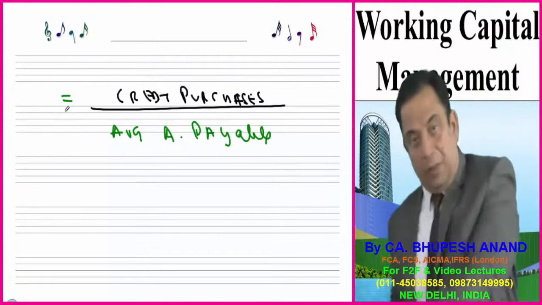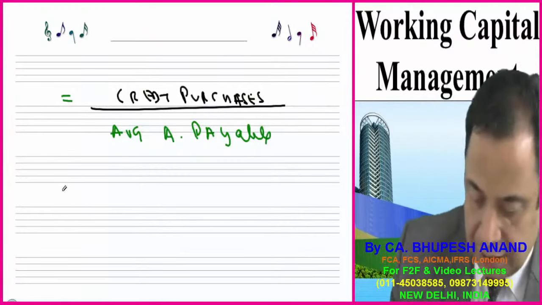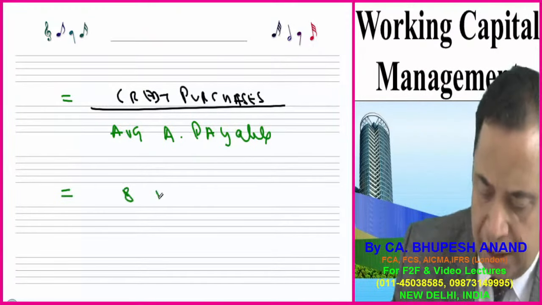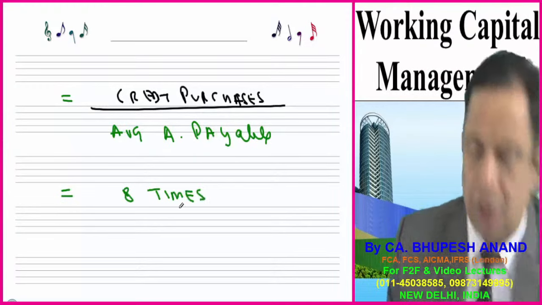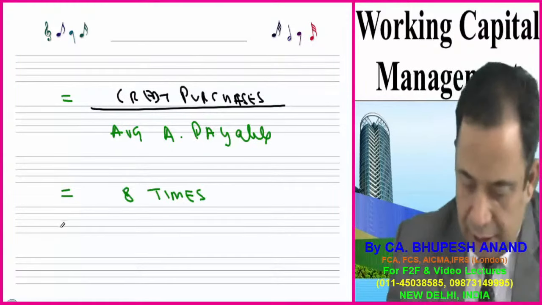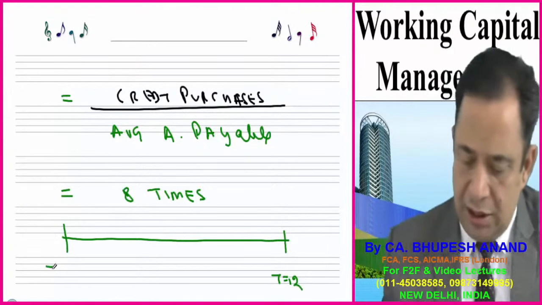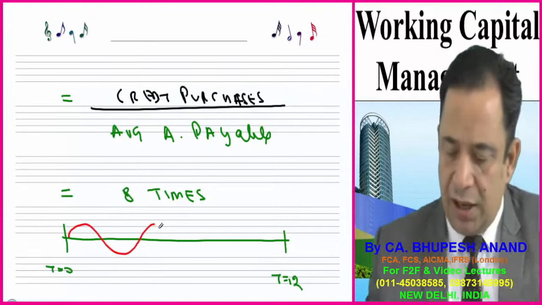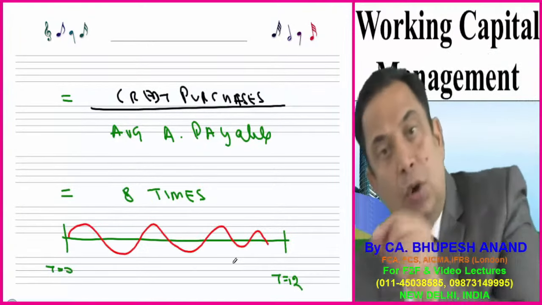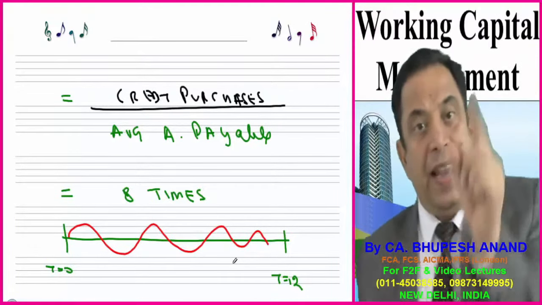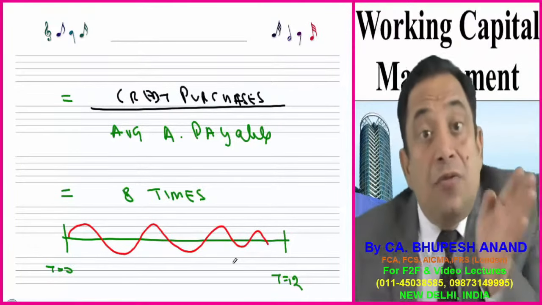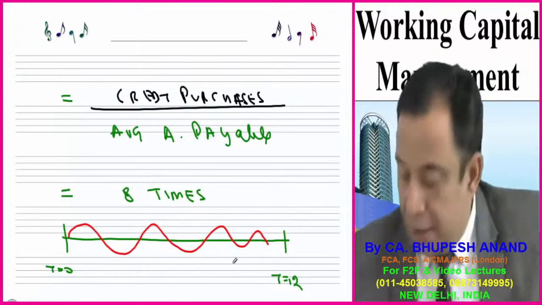So with the help of this, I can easily calculate how many times it is. Supposingly it is coming as 8 times. It means in a gap of 12 months, this entity is converting old creditors into new creditors, or paying 8 times the payment.